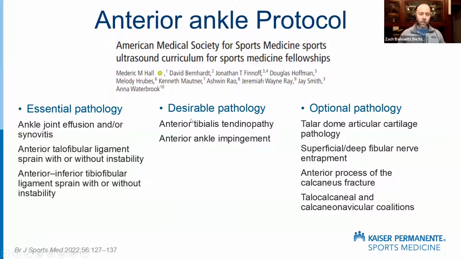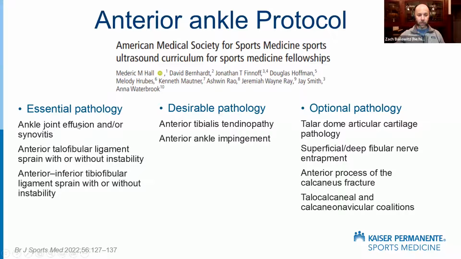There's a couple of different protocols that are described in terms of how we should image this. This is the AMSSM curriculum update from 2022. They broke it up into essential, desirable, and optional. From an essential pathology standpoint, they described looking at the anterior joint, looking for an effusion or synovitis.